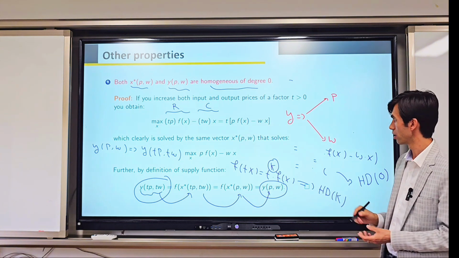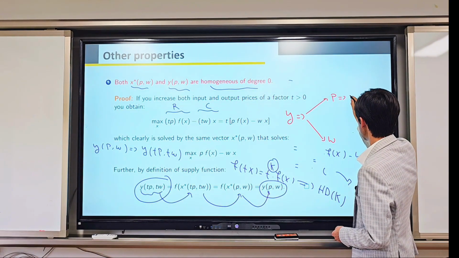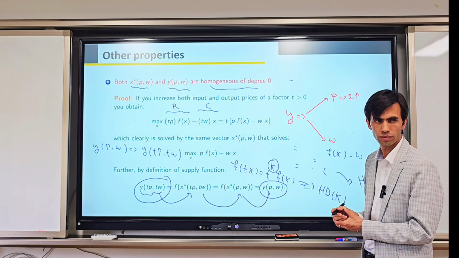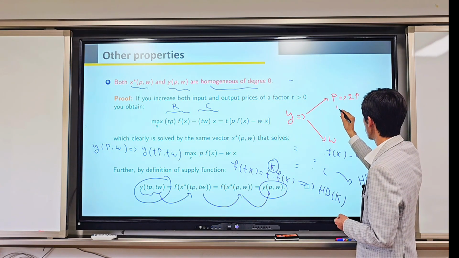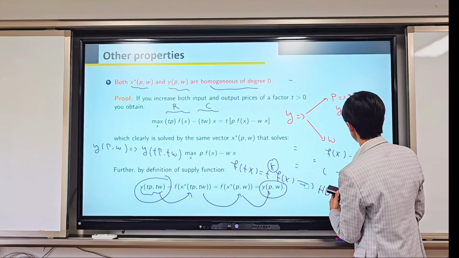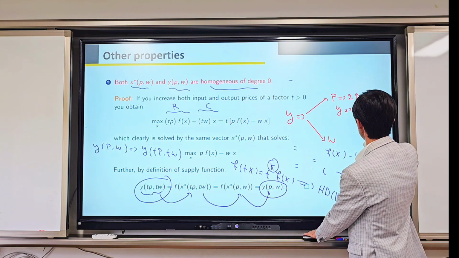Now suppose that P increased by 2. Then the supply increased by a similar amount, suppose also by 2.